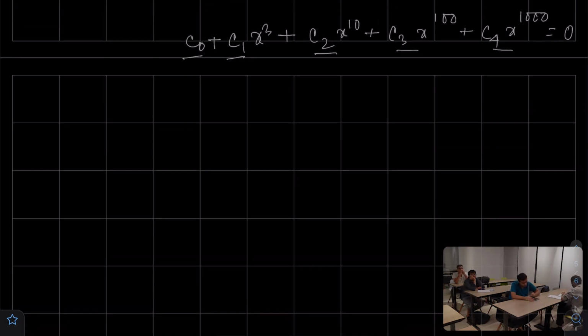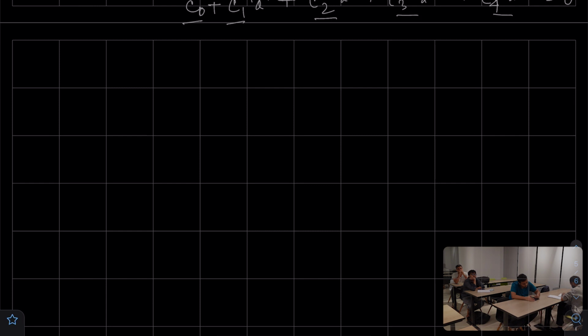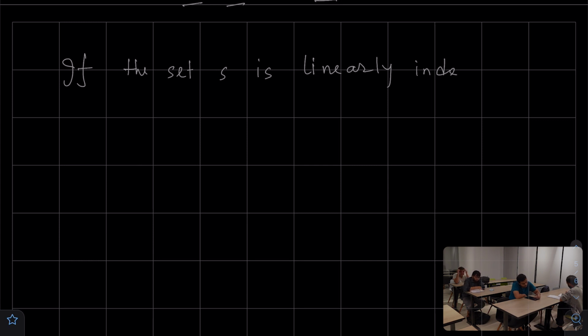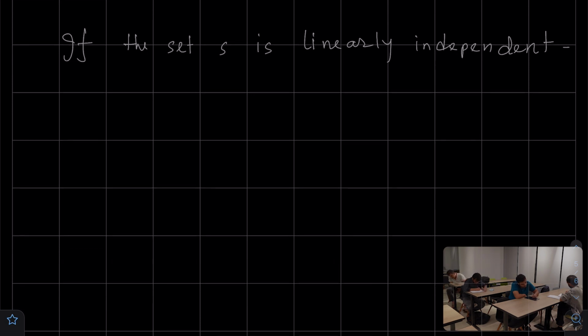So now if I consider the set S to be linearly independent, and if S is any arbitrary set, right?